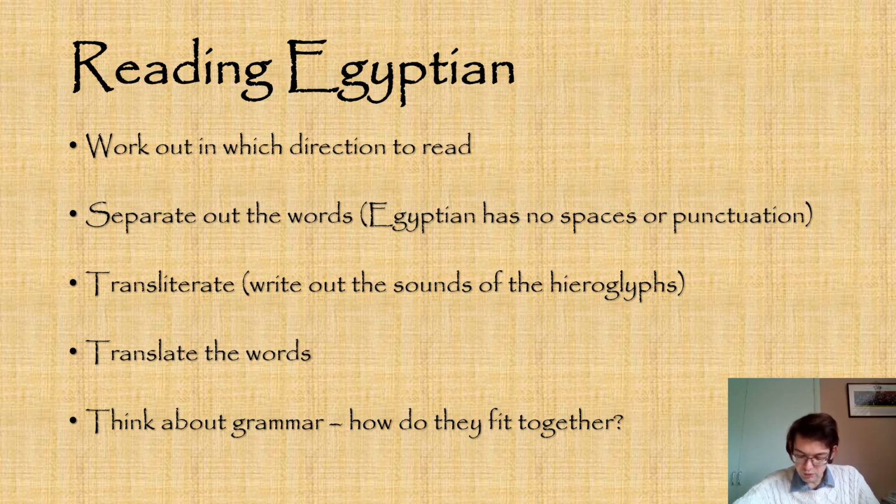Transliteration is the process of writing out the sounds of the hieroglyphs using English letters or the various special characters that we discussed earlier. Writing out a transliteration means other people can quickly see what words we've got in our text, how they're divided up, and what grammatical constructions might be involved. We then translate the individual words and finally start thinking about the grammar. How do these words fit together?